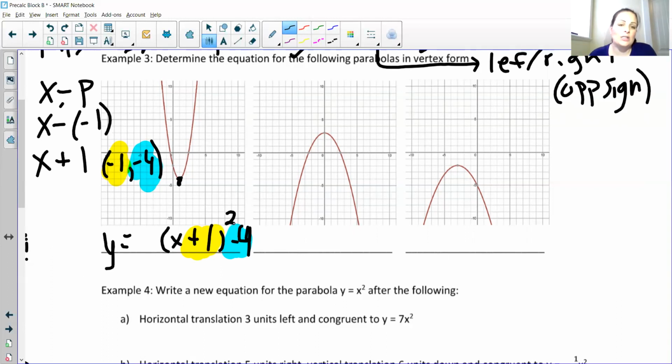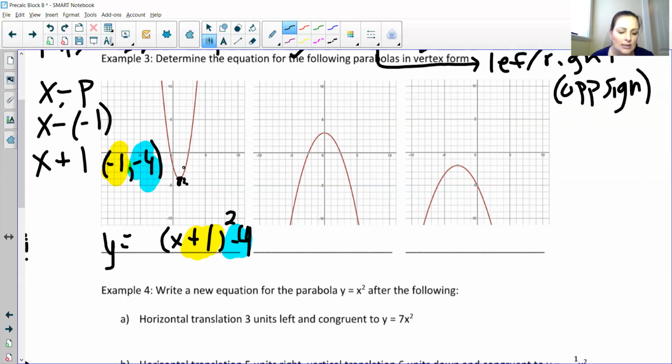The next thing we have to do is decide what is our A value, okay? So to do this, we have to go, well, how much is it compressed? Normally, if you go 1 away from the vertex, you're going to go 1 up, because y equals x squared. So if x is 1, y is 1. So you go 1 up.